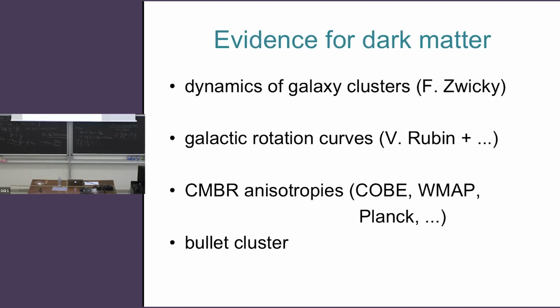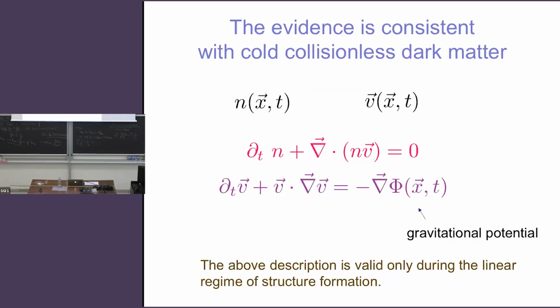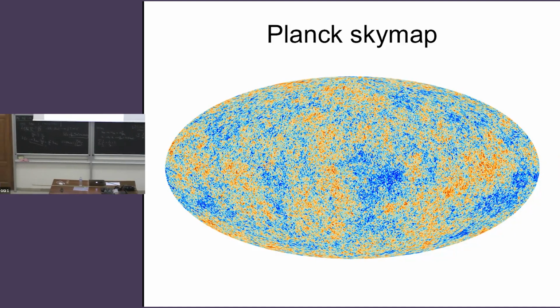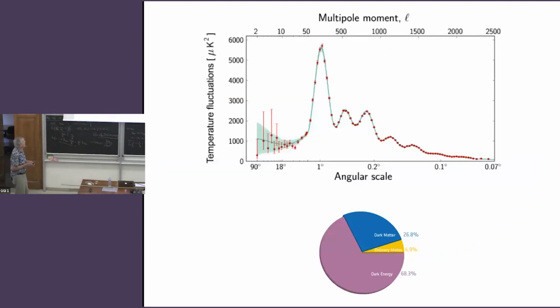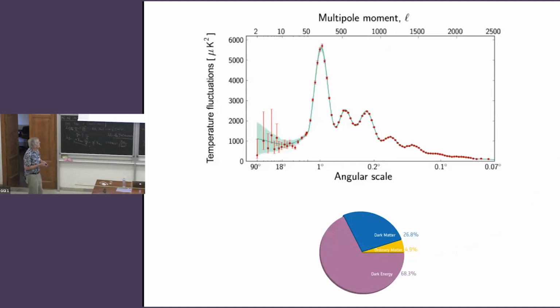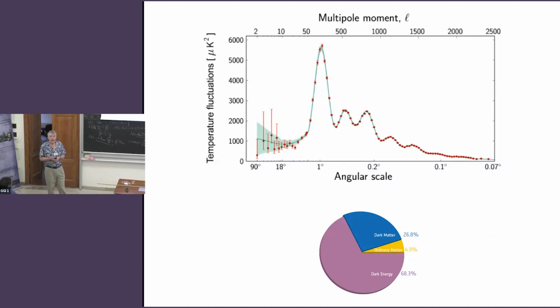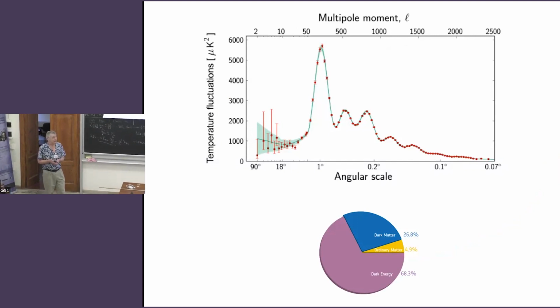There's one picture, though, I couldn't help showing, the Planck sky map, because it's an amazing achievement to have seen these small fluctuations in the cosmic microwave background, but also to explain them, the power spectrum, in terms of very simple ingredients and a very small number of parameters.